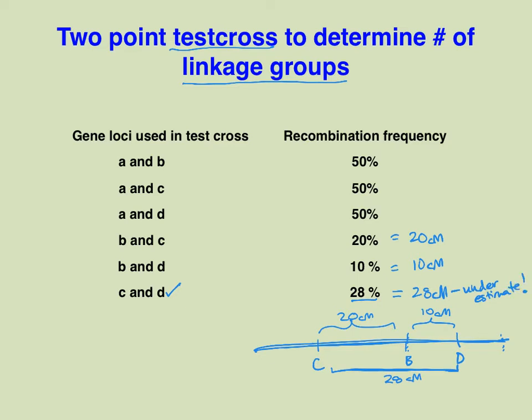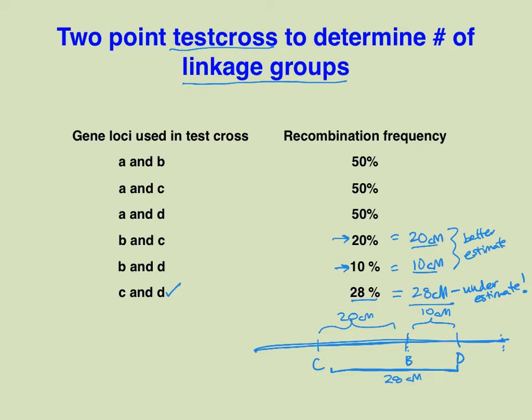So that means these shorter distances, 10% recombination leading to 10 centimorgans distance, 20% recombination leading to 20 centimorgans of distance, are a better estimate of the actual distance between the genes, and for a longer distance between 2 genes which are further apart, it's easier to underestimate that difference. We're not going to talk about the logic behind that, but it's really because there can be double recombination events, but we won't worry about that in our 183 class at all.